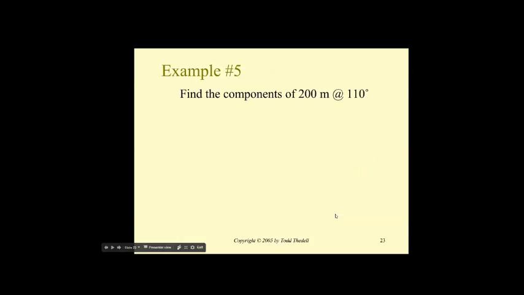We'll do some examples. So here's one. We're going to find the components of the vector that is 200 meters directed along 110 degrees. As with all vectors, I start out by sketching a graph. It doesn't have to be to scale, but just to give a picture of what's happening.